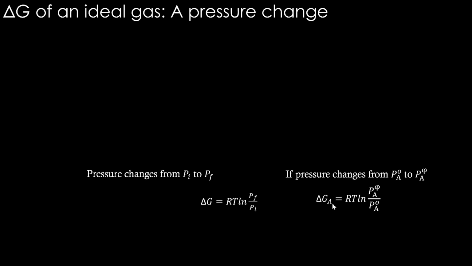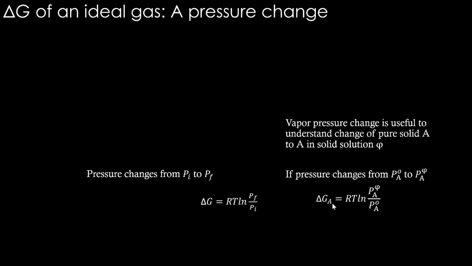So the vapor pressure change is now useful to understand the change of pure solid A to A in solid solution phi. See, a gas phase phenomenon helps us understand what happens in the solid state through the equation of state of an ideal gas. That's quite easy for us to use and derive different stuff like this. So that's why we are using that.